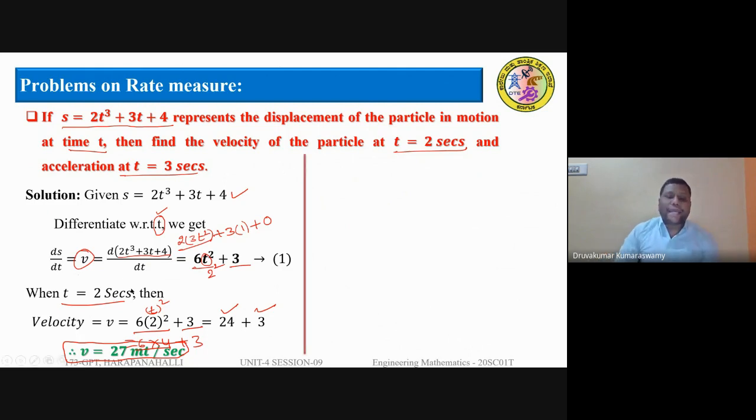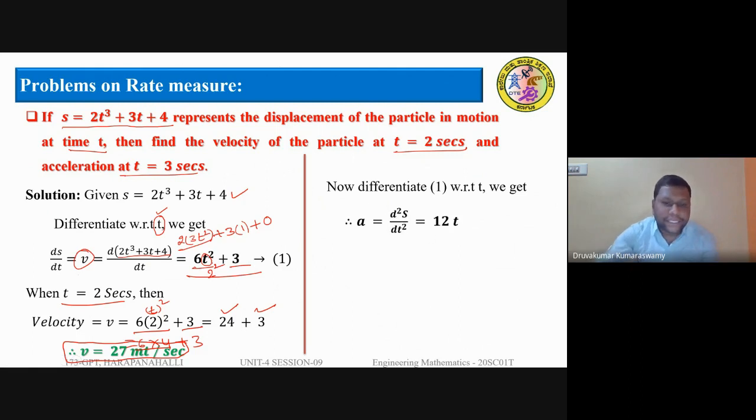Now we have to find acceleration here. If we want acceleration, what should we do? We have to differentiate equation 1 with respect to t. What is equation 1? 6t square plus 3, that is velocity. Therefore, acceleration is equal to d square s by dt square. If you differentiate this, we can write one more step, that is equal to dv by dt, that is differentiation of v, that is 6t square plus 3, with respect to t.